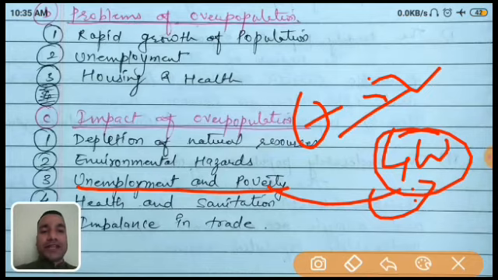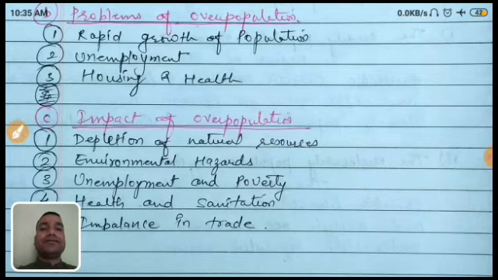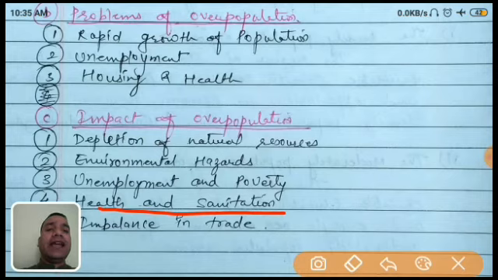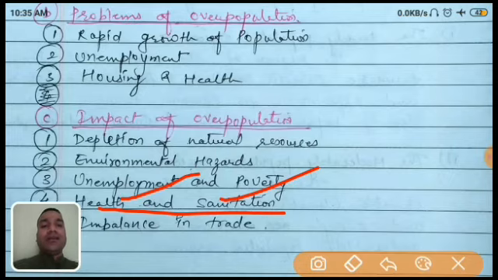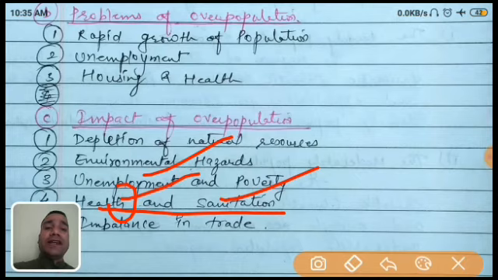Health and sanitation, next one, which I already cleared for you. Health facility and sanitation. Sanitation means cleanliness. If they are poor, they are not having jobs, the population is very high, so obviously their health facilities are very few, they are not getting enough money. So that's why they are not getting health facilities properly.